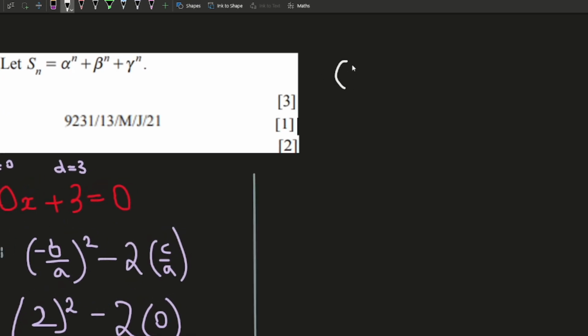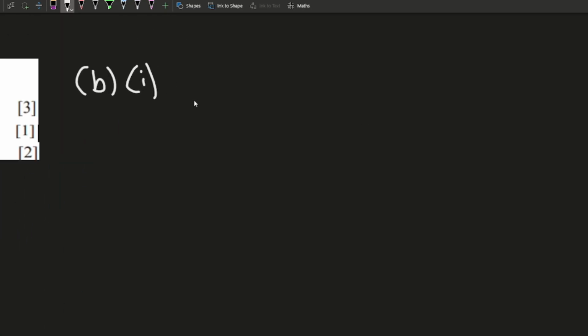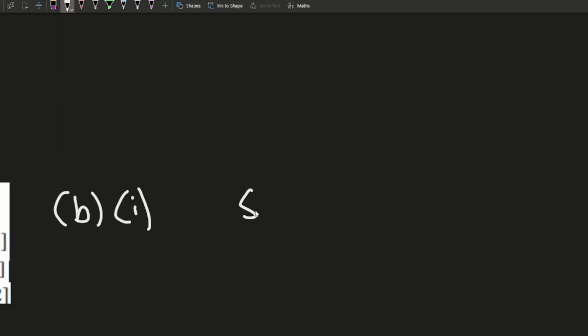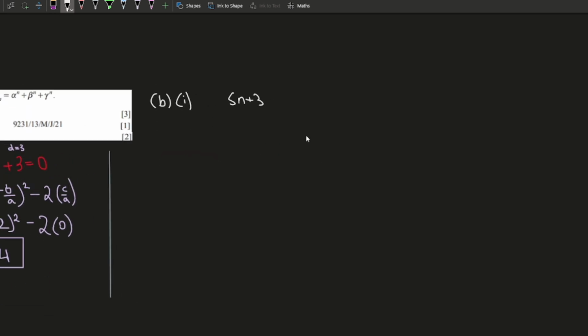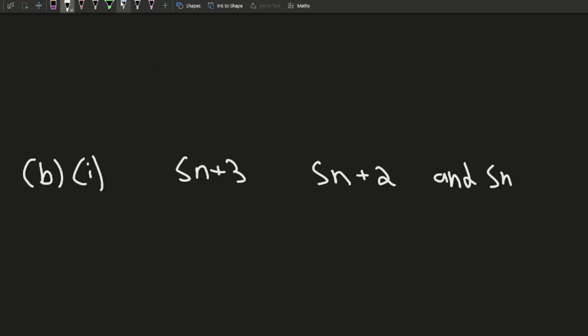So part B, first part. We have to express Sn plus 3 in terms of Sn plus 2 and Sn. First of all, my advice is to take n as 0.